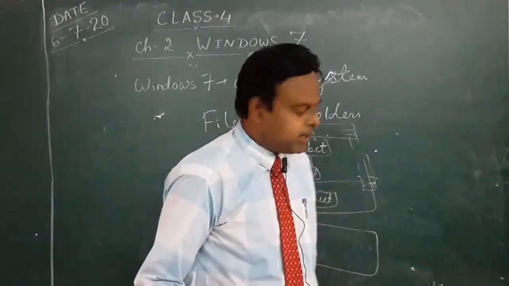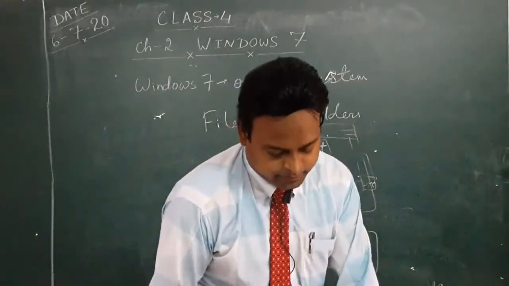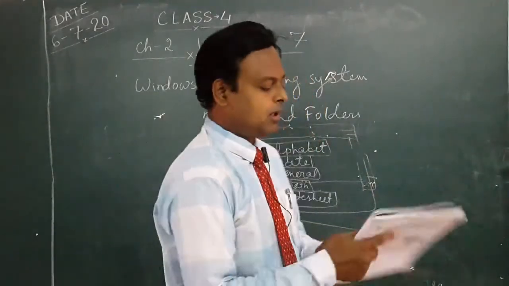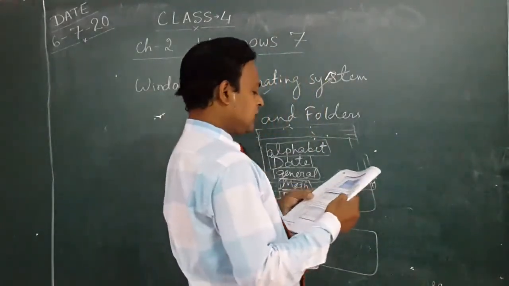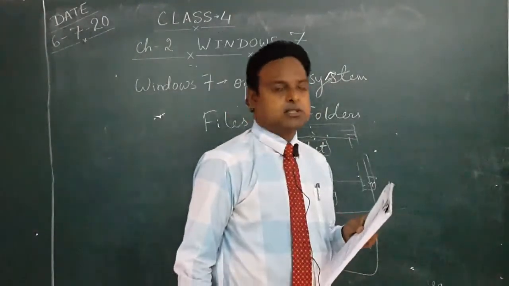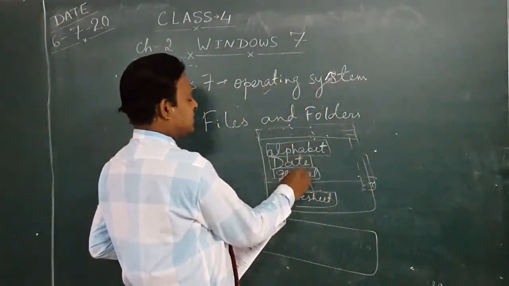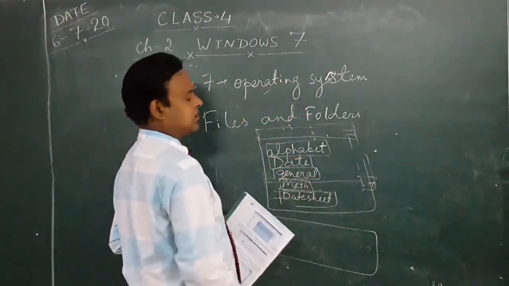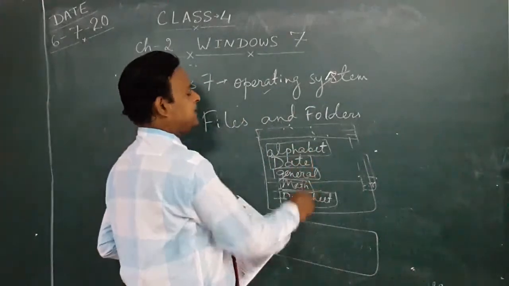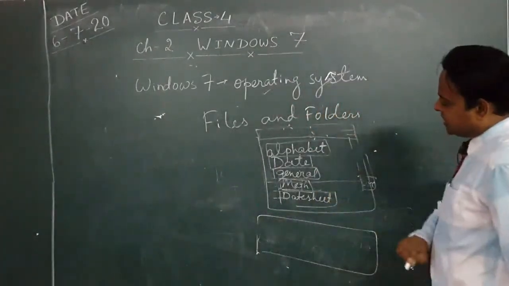To select multiple files, that means I want to select non-consecutive files or folders. Non-consecutive means I want to select alphabet, general and date sheet. Suppose these three are the files, alphabet, general and date sheet I want to select.